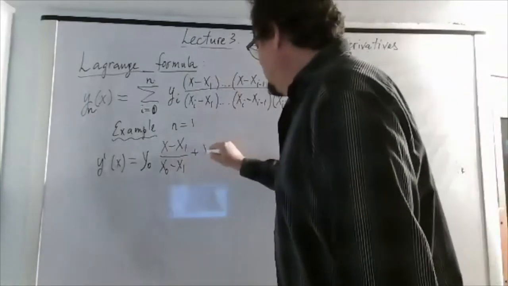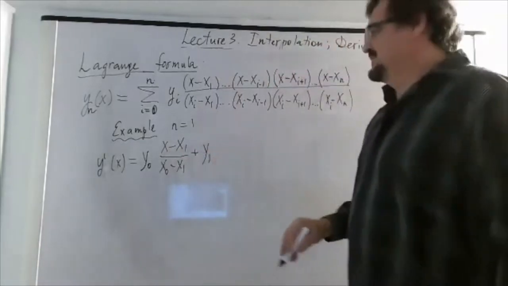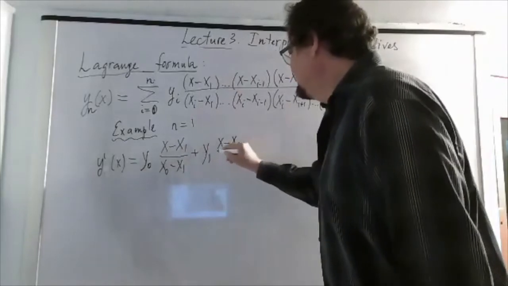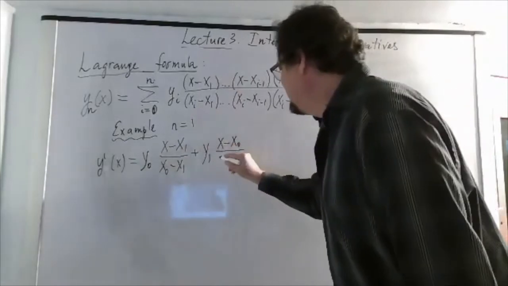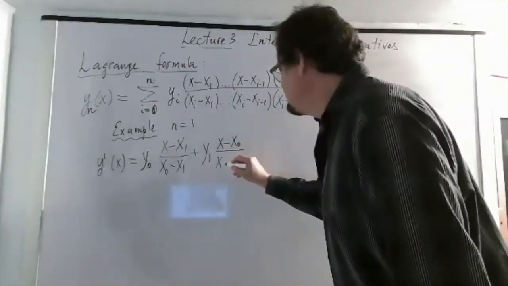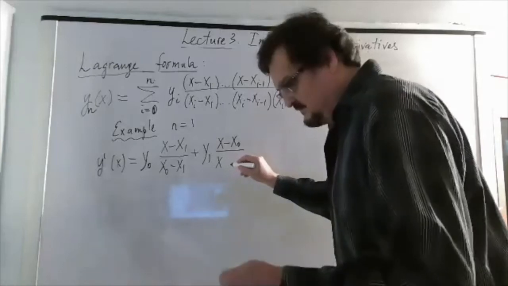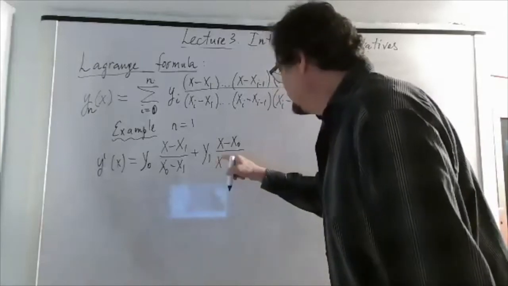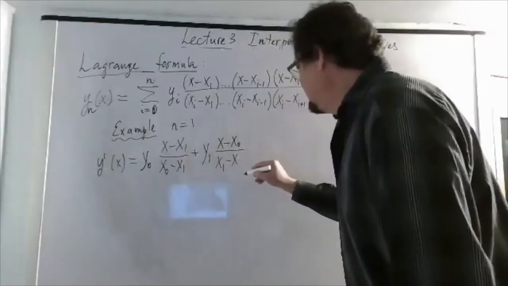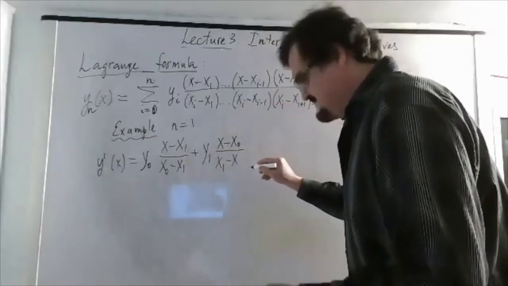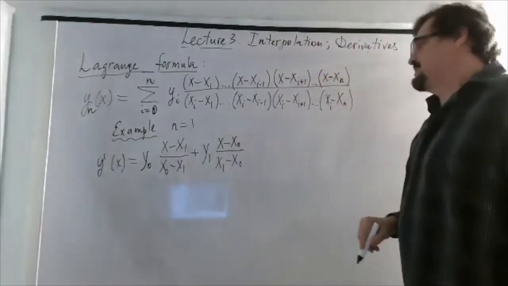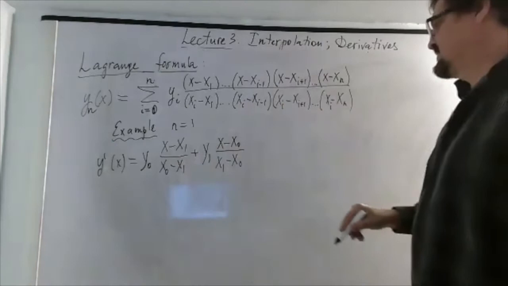plus y1, so next data point, x minus x0 divided by, in this case 1, so x1 minus x0, the same, and that's it.